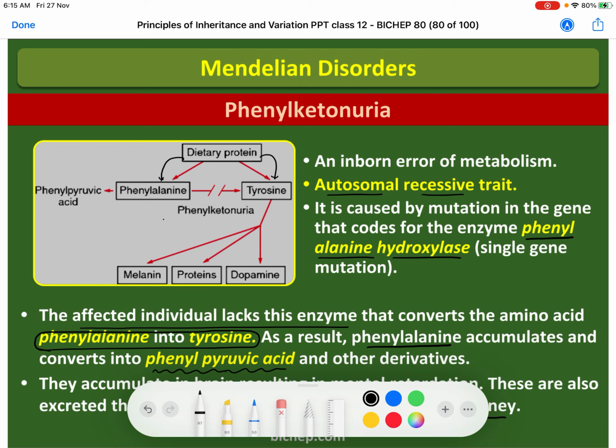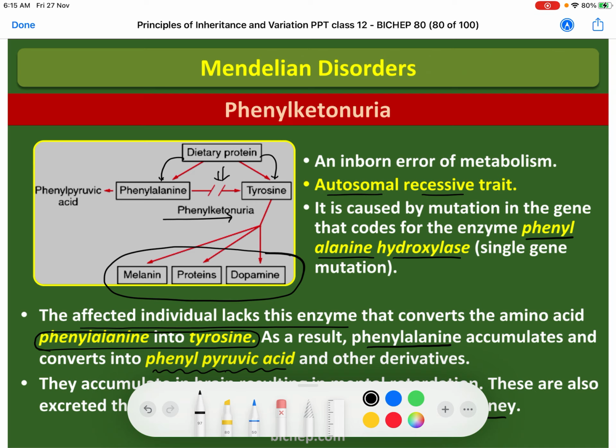This reaction has to go this way, because we need these, and the enzyme responsible for the metabolic reaction converting phenylalanine to tyrosine, phenylalanine hydroxylase, is mutant. The gene which produces it is mutant, so it is not getting produced.